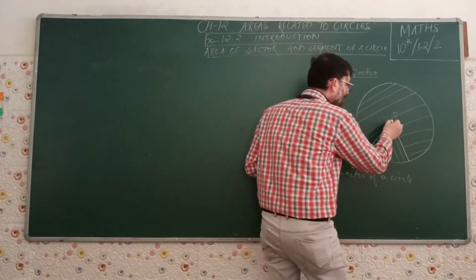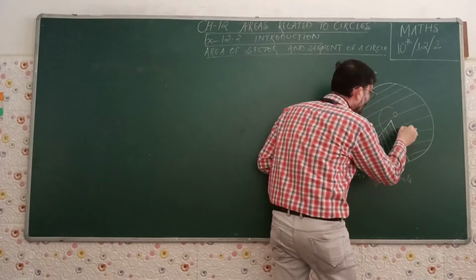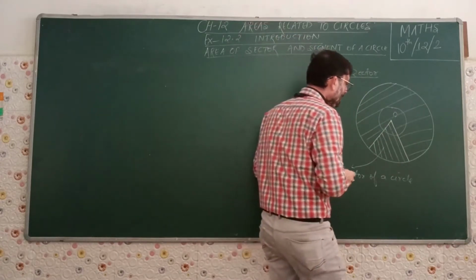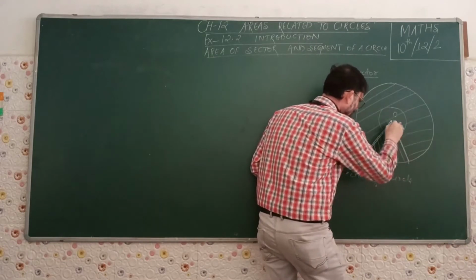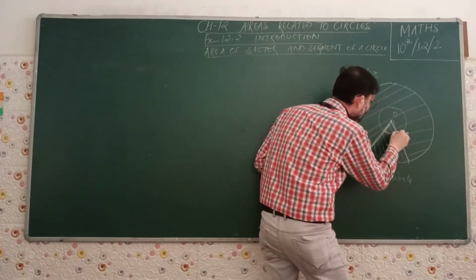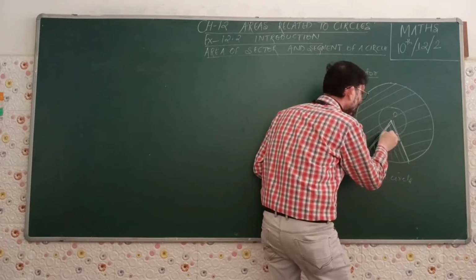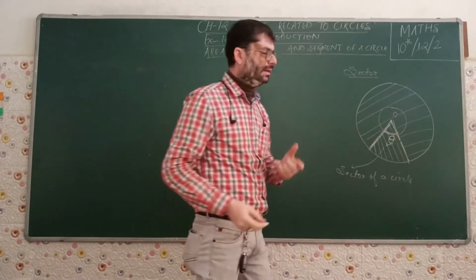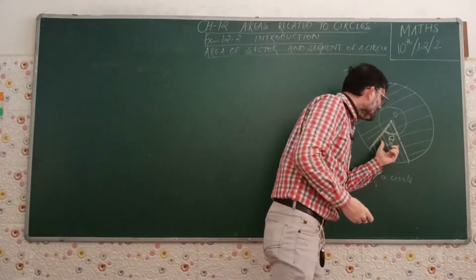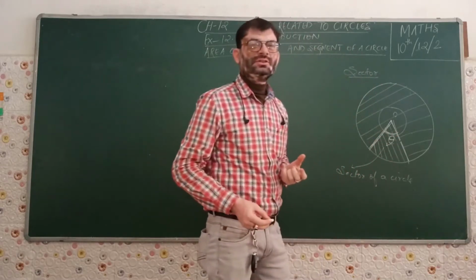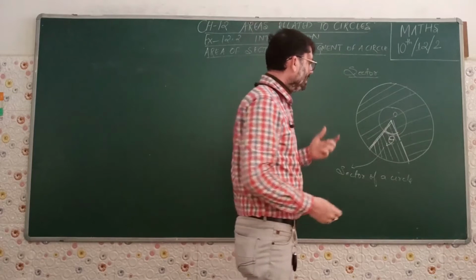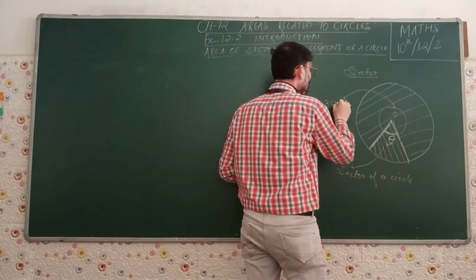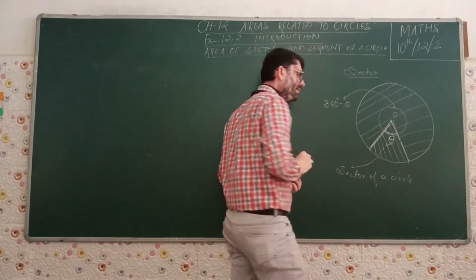If you see at the center, we can say the total angle is 360 degrees, and out of 360 degrees, this sector is taking some part. Let that part be theta, an angle that it is taking as a part of 360 degrees. Then the other angle would be 360 degrees minus theta.